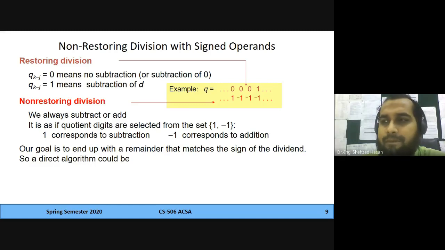Whenever we do a subtraction, which is our normal operation in division, we put a 1. Whenever we do an addition in our steps, we put a -1. So at the end, we are going to come up with quotient bits as 1s and -1s, and then we need to convert it into binary form.